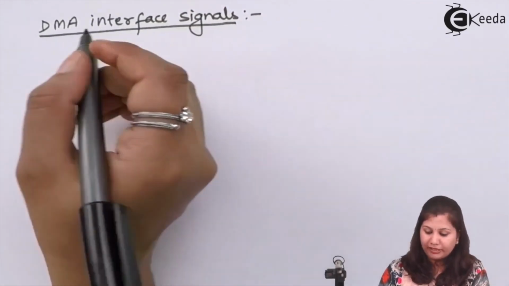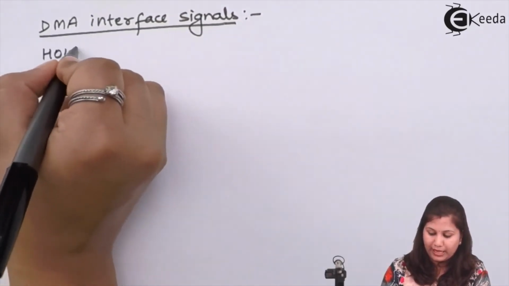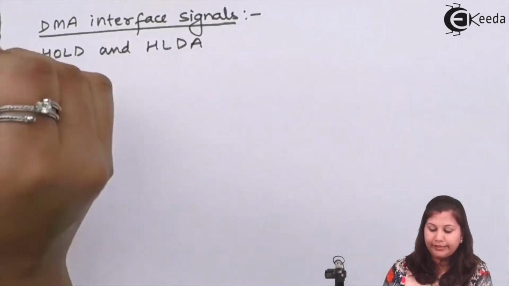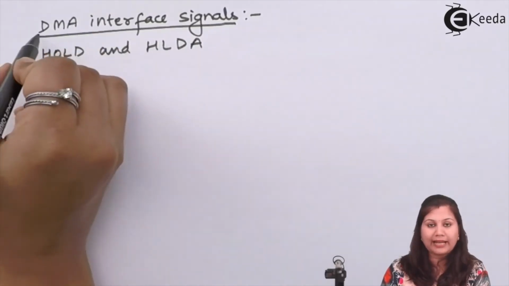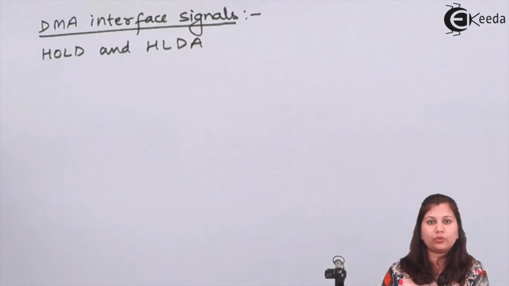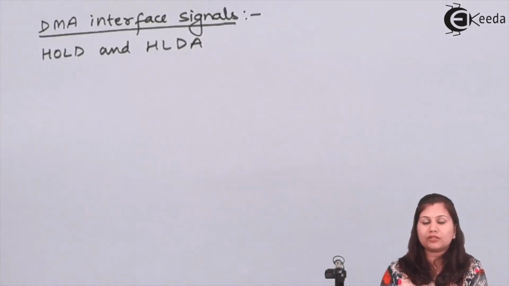The DMA interface signals are HOLD and HLDA. DMA interface means that a direct memory access controller is there. This controller is going to get the control of the buses of the 8086 microprocessor.